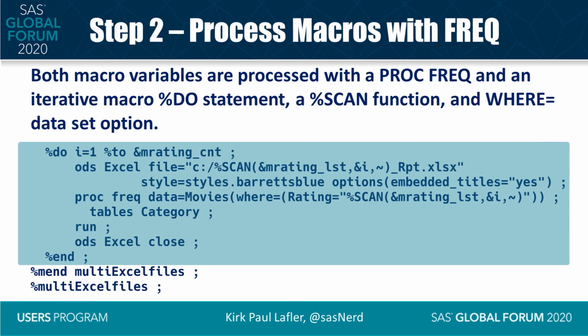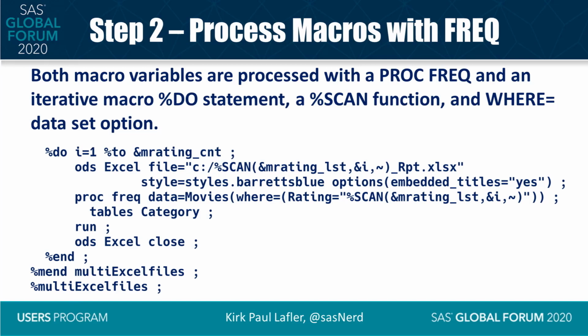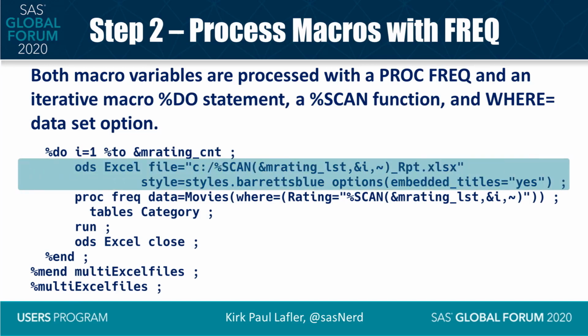This macro do loop is going to iterate through, and for each movie rating, it's going to create an Excel file. And it's going to name the Excel file. For example, the first pass through is going to name it G_list_report.xlsx. It's going to generate a PROC FREQ.